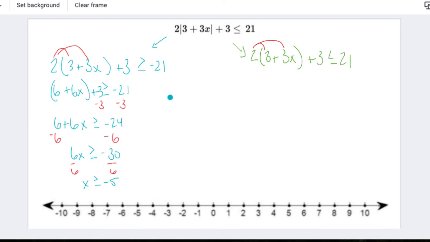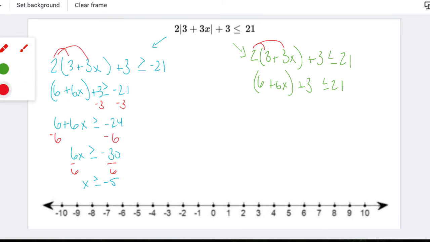Okay, we're not sure if this is going to be and or. There's no negatives here. Looking at this, we're pretty sure it's going to be and, because it's greater than the negative. So over on this side, again, same thing, 6 plus 6x plus 3 less than or equal to 21.